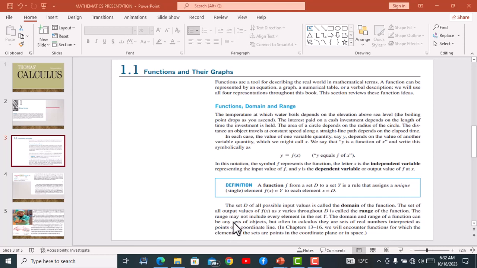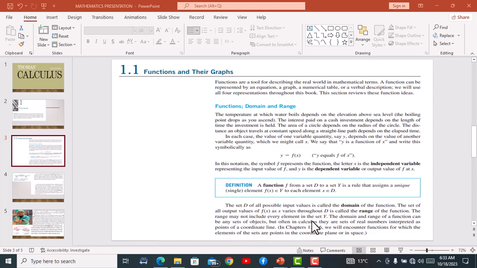The domain and range of a function can be any set of objects, but often in calculus they are sets of real numbers interpreted as points on a Cartesian coordinate line. This is exactly what we have been trying to stress.